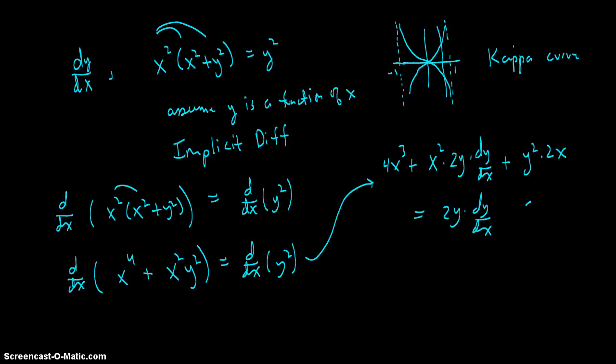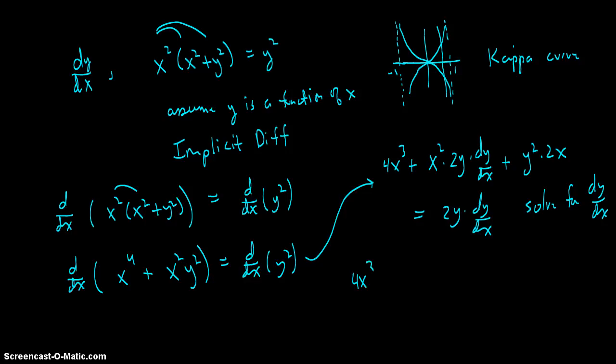We want to solve for the symbol dy/dx in this equation. So the dy/dx terms stay on the left or move to the left, and the non-dy/dx terms I'll move to the right. Or actually I'm going to do that the other way around, since the non-dy/dx terms are already on the left. I'll leave them on the left.